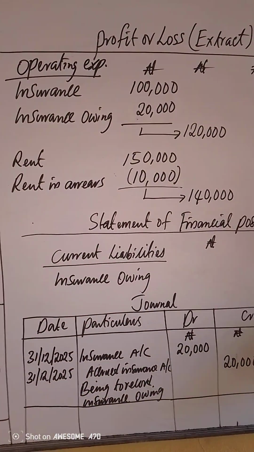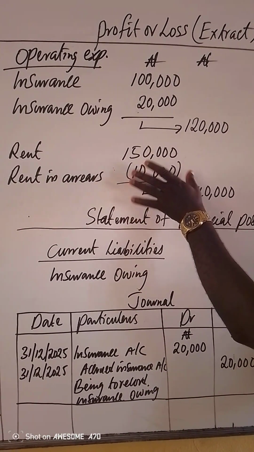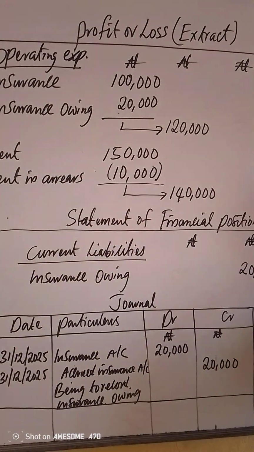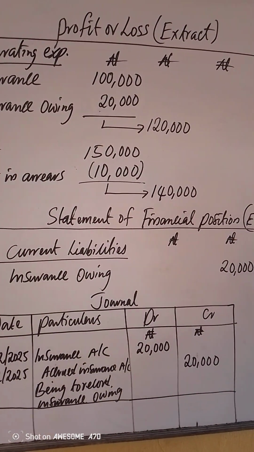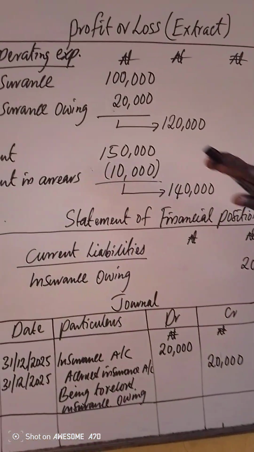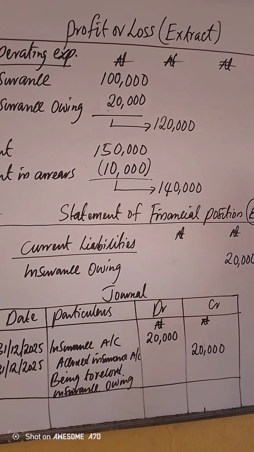So if there was arrears from the previous year brought forward, such arrears should not be added but deducted. As you can see, 150,000 minus 10,000 gives you 140,000. This is how arrears or owing are treated. That of the current year is added, while that of the previous year is deducted.